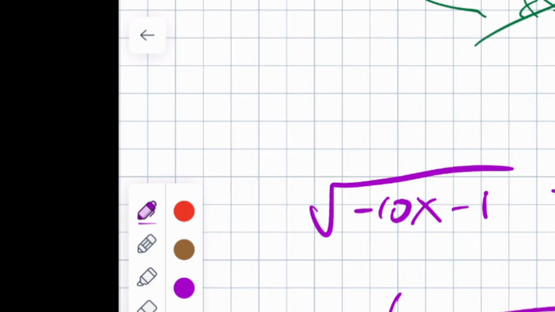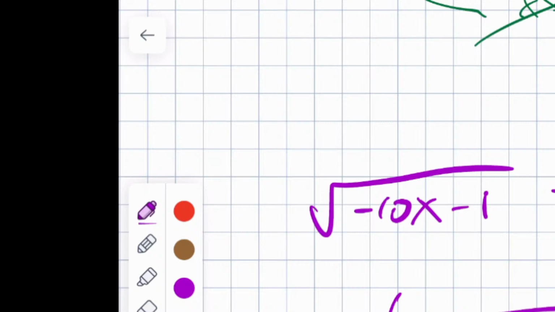So if you square both sides, that's going to give you negative 10x minus 1 is equal to 9x squared, because negative 3 squared is 9, x times x equal to x squared. I'm going to add 10x on both sides, add 1 on both sides, so it becomes 9x squared plus 10x plus 1 equal to 0.